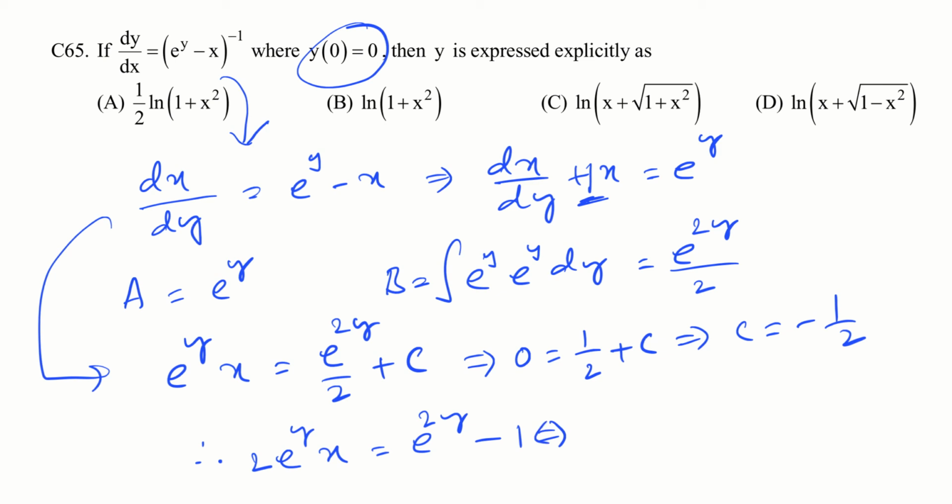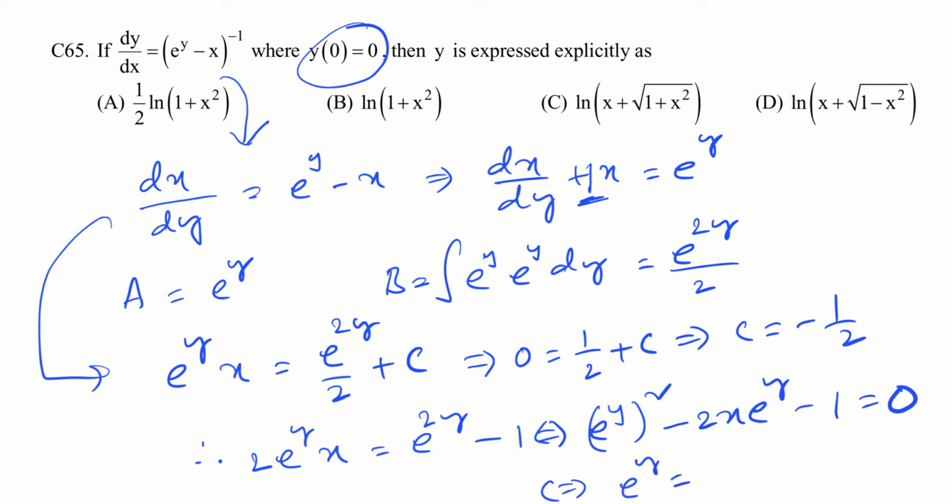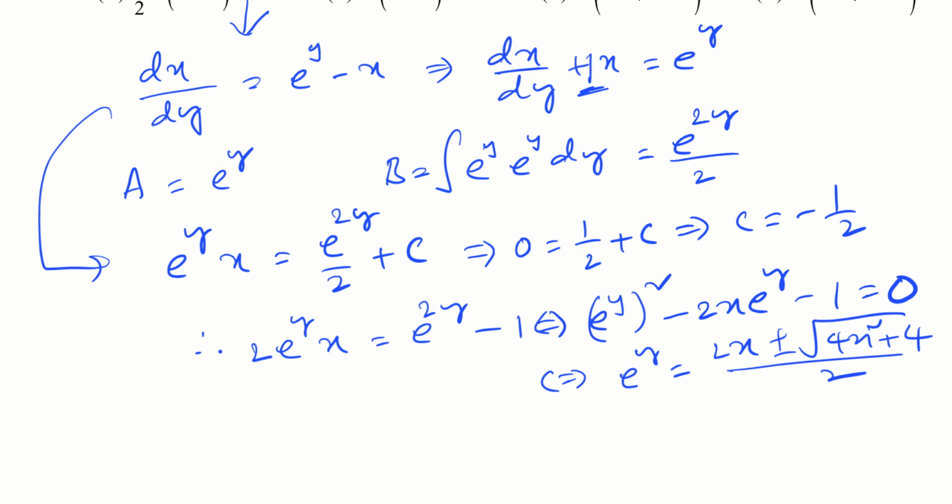Now actually he asked us to find y from this, so I see it as a quadratic in e power y. So I have e power 2y minus 2x into e power y minus 1 is equal to 0. So from this I have e power y is equal to minus b plus or minus root of b square minus 4ac by 2a, and that means I have e power y is equal to x plus or minus root of x square plus 1.